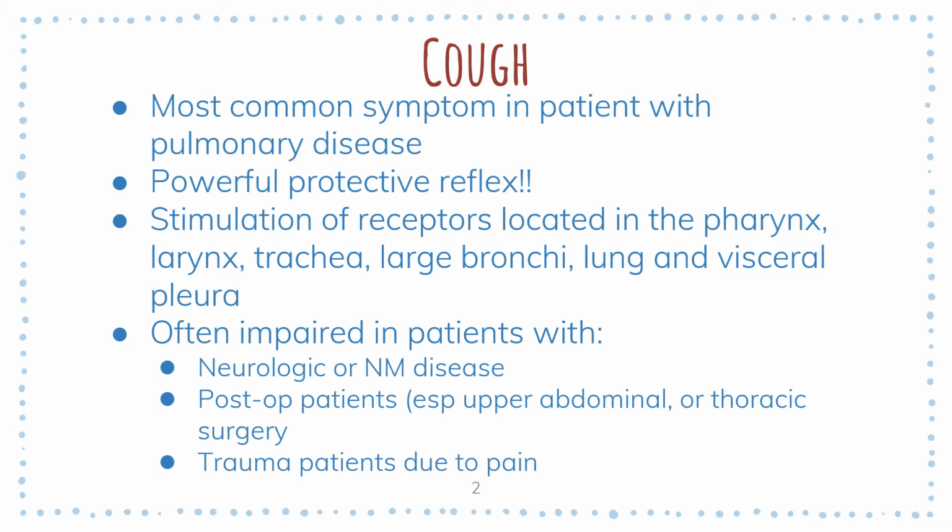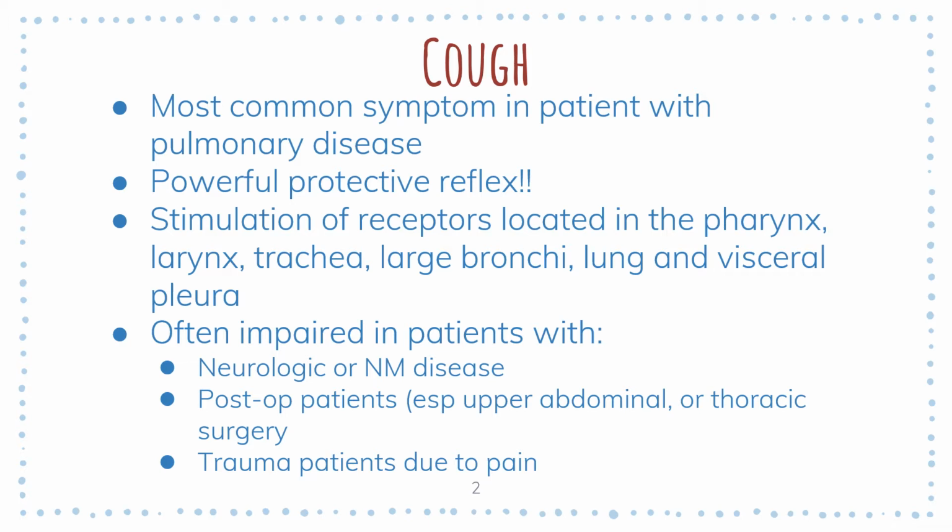So we need to pay attention to a cough. Number one, we really want to know why we have a cough, how long we've had a cough, if it's a productive cough, and if it's an effective cough. Okay, so coughs are often impaired with patients that have a neurologic or neuromuscular disease. So their cough is not as effective.